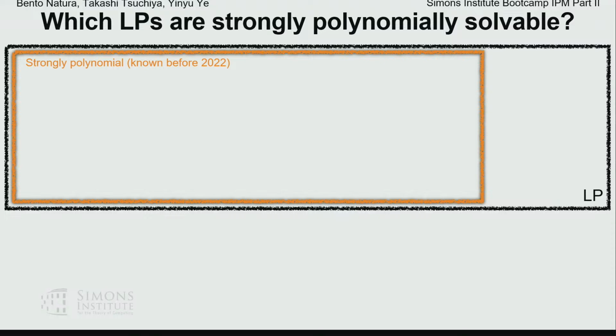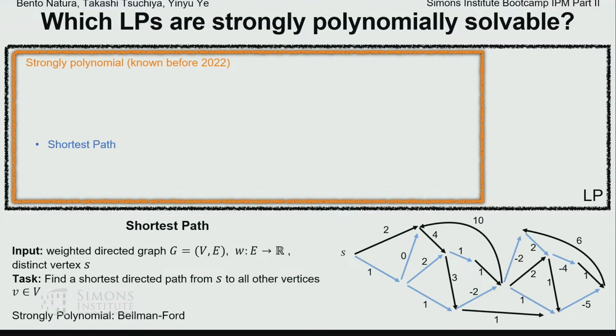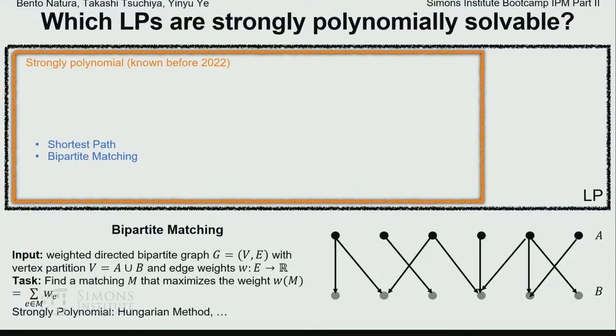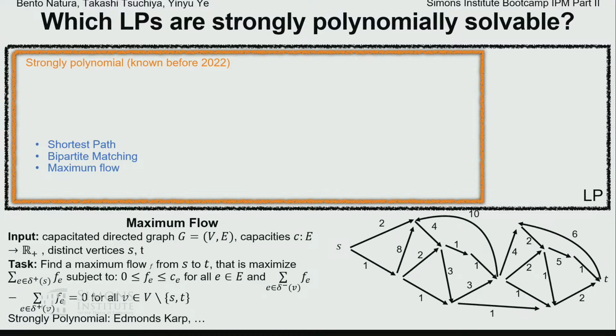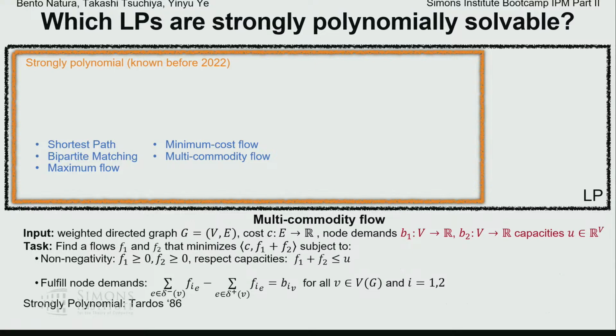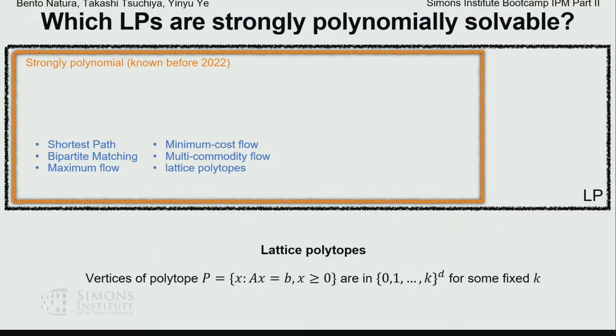Strongly polynomial known before 2002: shortest path, which can be formulated as an LP. It's combinatorially easy, so of course that's strongly polynomially solvable. Bipartite matching, maximum flow, minimum cost flow, multicommodity flow, lattice polytope, and all these flow problems.